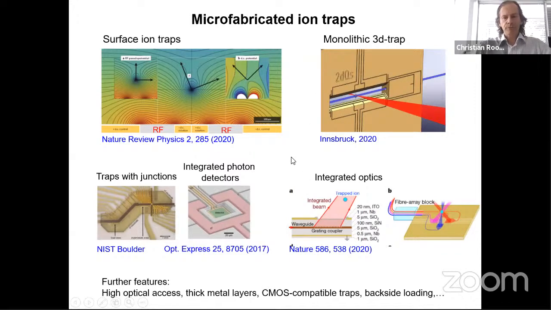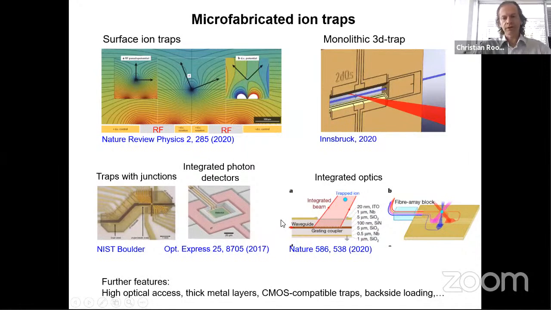You have monolithic segmented traps where you don't have to think about aligning different trap parts with respect to each other, which can be error prone if you have small structures. There are traps which have junctions like this one here, where you can shuttle ions around and maybe split them up. There are traps which have demonstrated integrated photon detectors and also integrated optics.